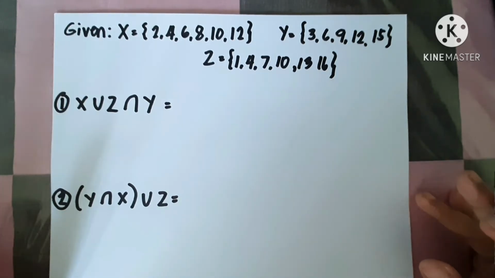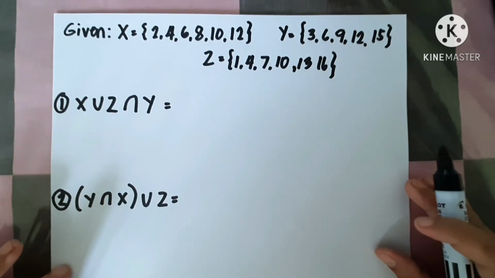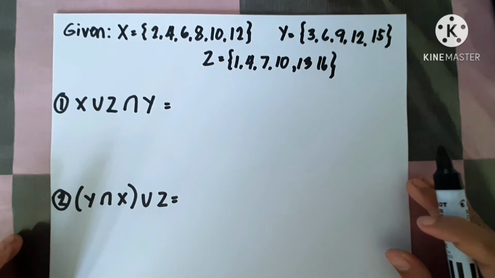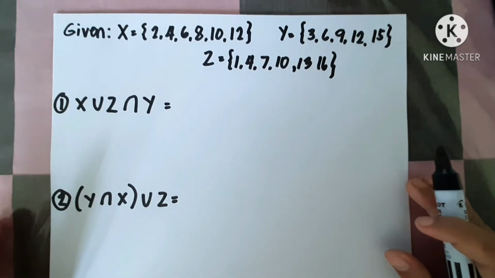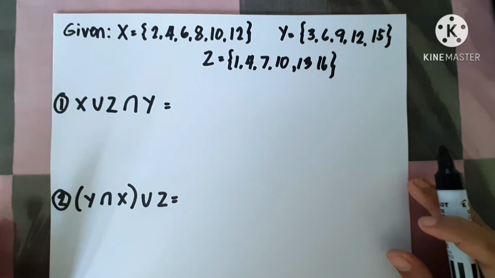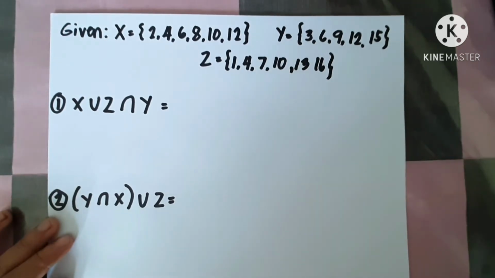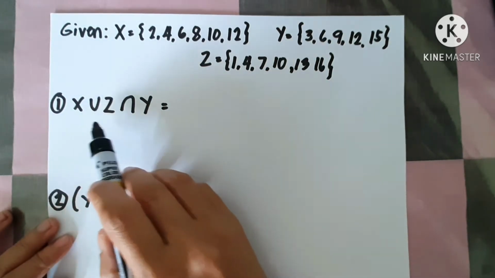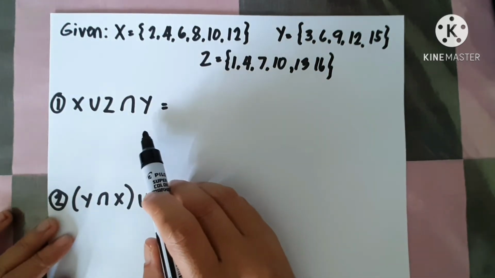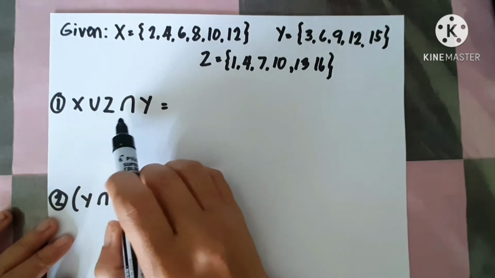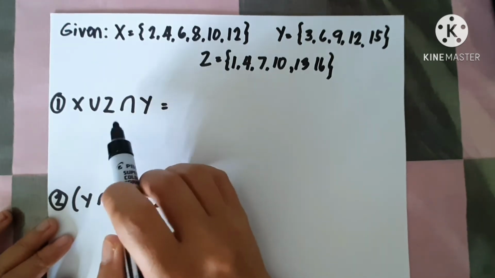So today, we will be going deeper into the concept of intersection and union of sets. If we recall, yesterday we discussed the union and intersection of two sets. In example number 1, makita nato nga naay tulo ka sets, and then a combination na sa union og intersection ang atong kinahanglan nga isolve.